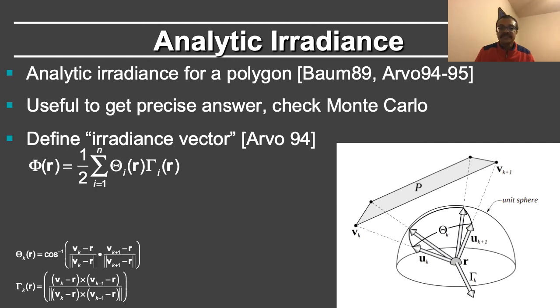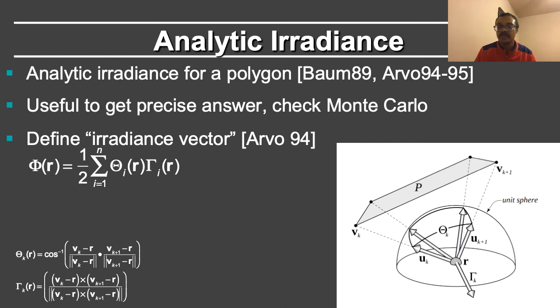So you have simple formulae to compute theta k, which simply uses the vectors vk minus r, the vector from the center of the sphere to the polygon location vk. The center of the sphere is just the spatial location that you are shading. Similarly for vk plus 1, and you take the inverse cosine.